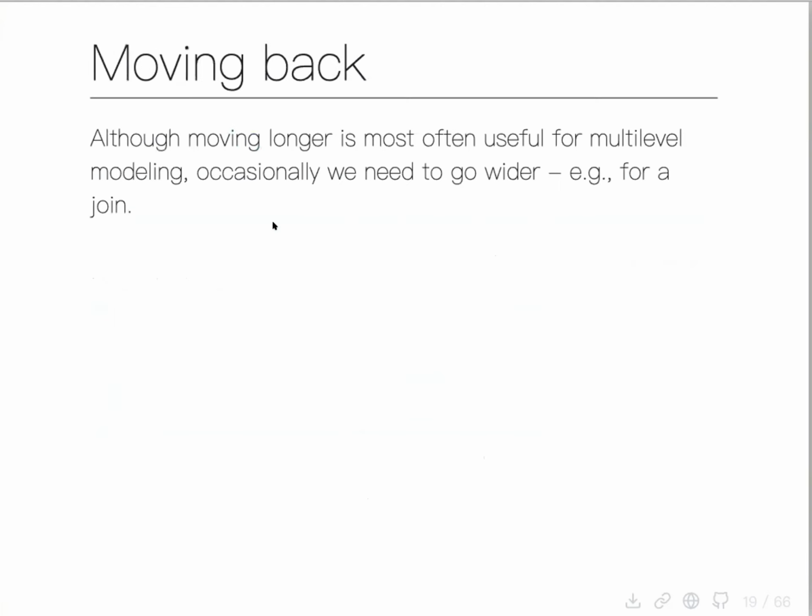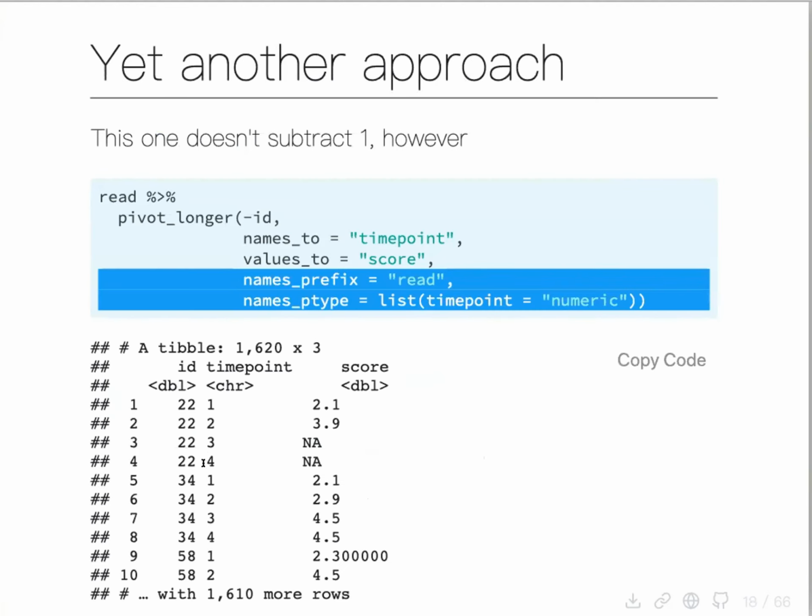Okay, so let me look back here. This is my time point column. For every unique value that I have within time point, I'm going to get a new column. So I have 0, 1, 2, 3, 4 different unique values, and I'm going to get a column for each of those.